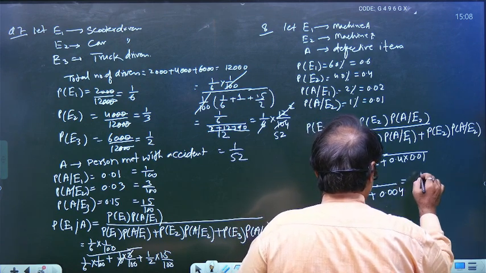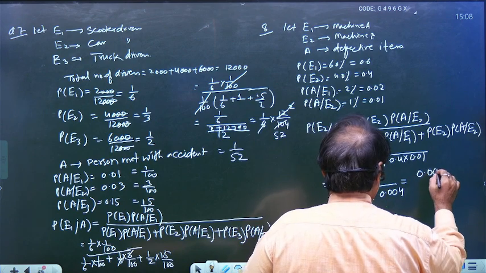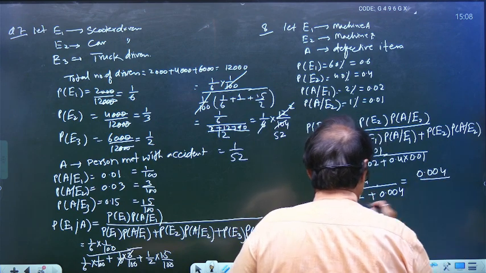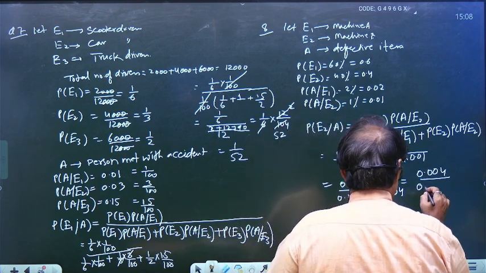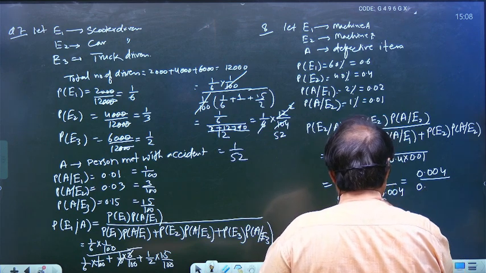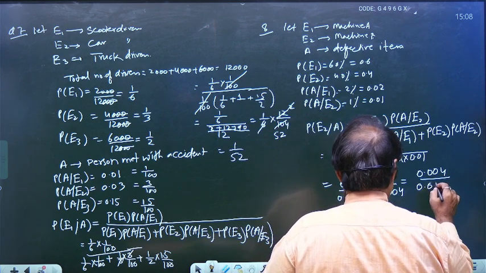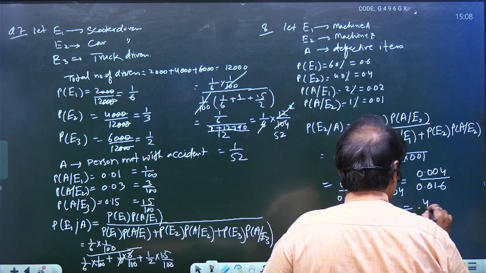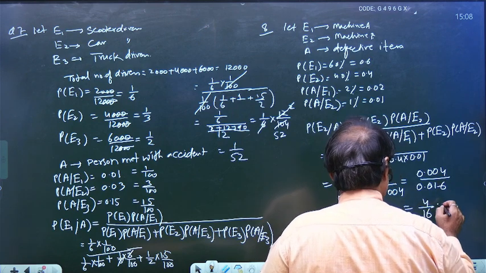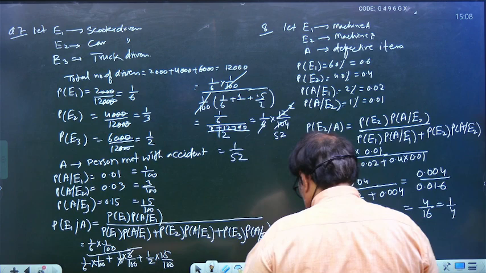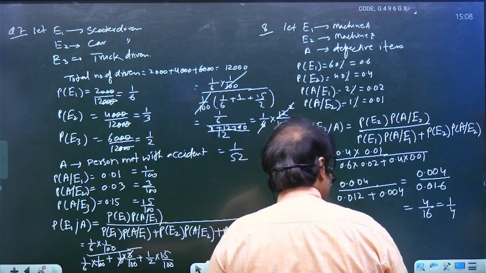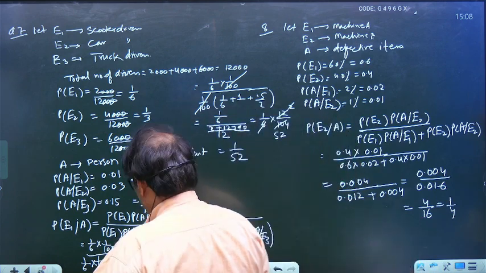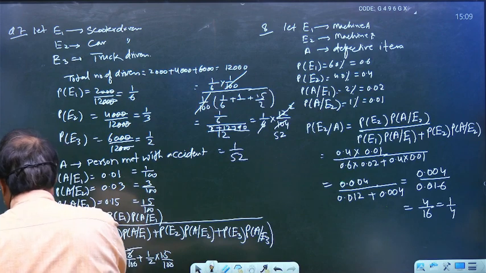So this will be 0.004, and now the denominator is 0.016. Okay, so finally it is 4 by 16, because after the decimal the places are the same, so it should be 1 by 4. Okay, so this is the solution of question number 8.